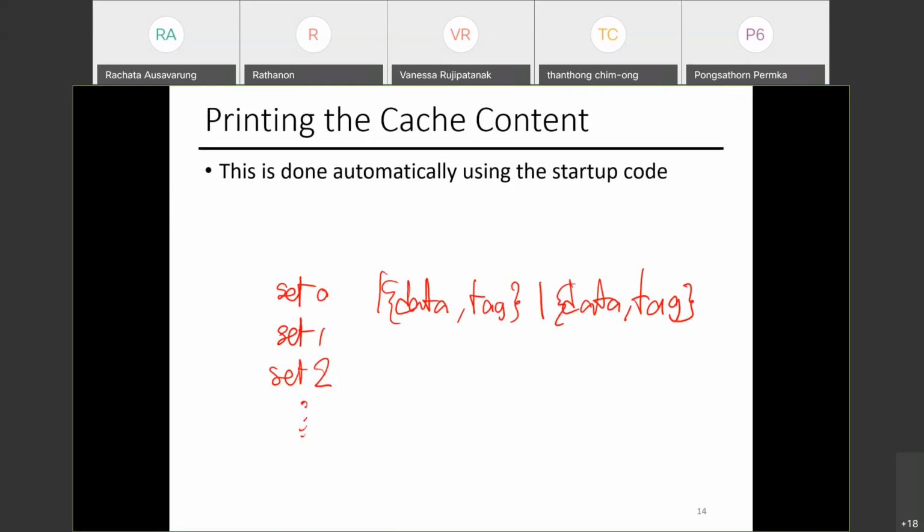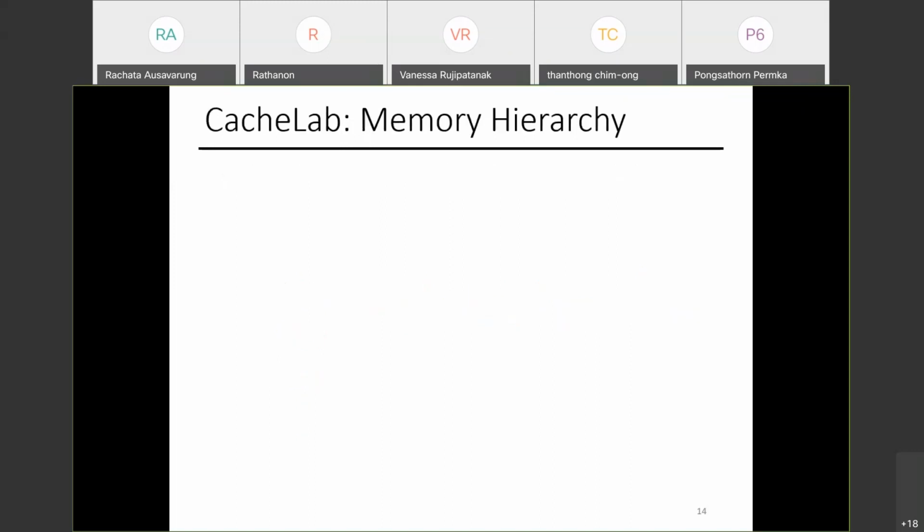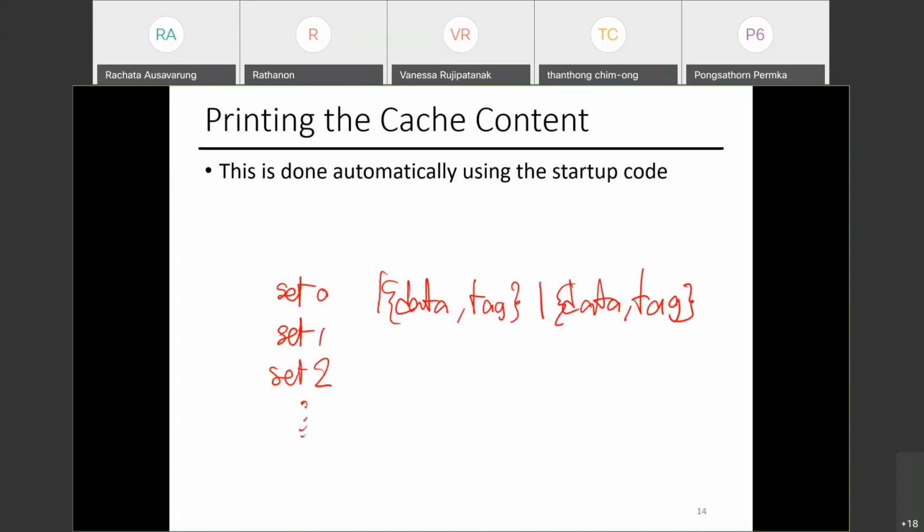So this would print out all your data and tags so you can use it to debug your cache. You can keep printing this and see, if I do this insertion, if I do this eviction, the data is now gone. You can see the content of my cache. Here is the basic hierarchy. That's for L1. So you can use print for both L1 and L2.